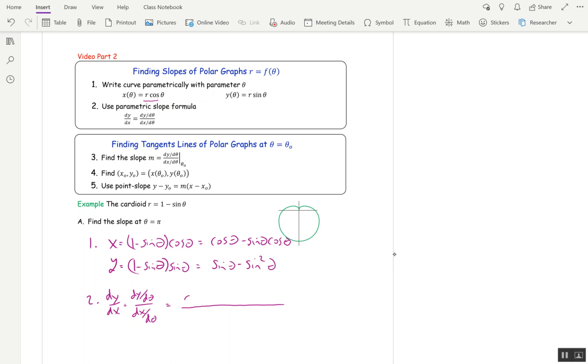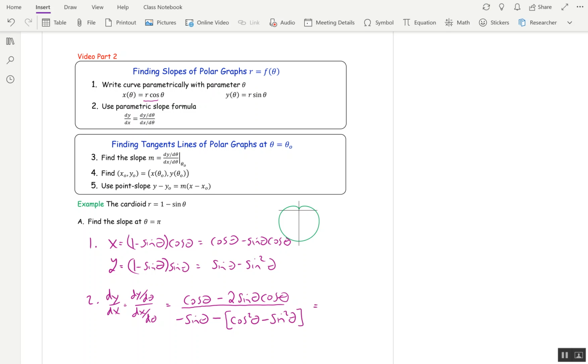So dy d theta is, I don't want to make the mistake I was just talking about. So I'm looking here at y, cos theta minus, use the chain rule, 2 sine theta cos theta. And in the denominator, we're going to have the derivative of cosine, which is negative sine. And then I've got a product rule, so I don't want to make mistakes. I'm going to factor out that minus and then use the product rule. The derivative of sine is cosine, so that gives me cosine squared theta plus the derivative of cosine is negative sine, so actually I have a minus here, minus sine squared theta.